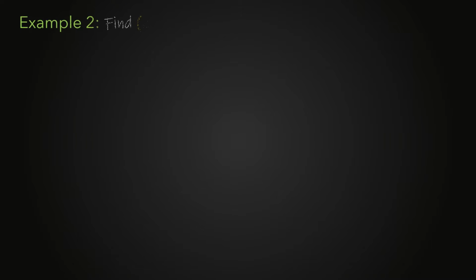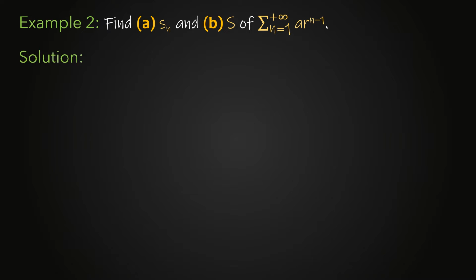Example 2. Find the nth partial sum and the sum of the series. Solution. A. The nth partial sum is the summation of the first n terms of the series.